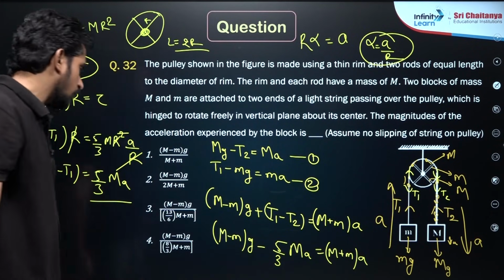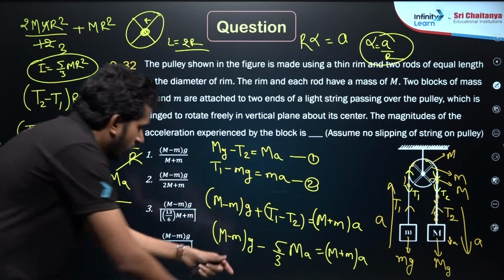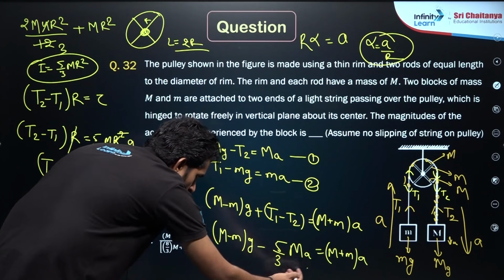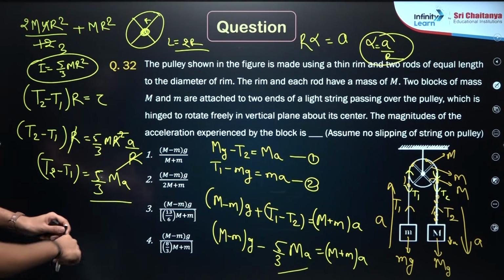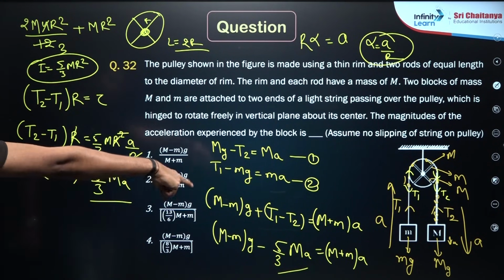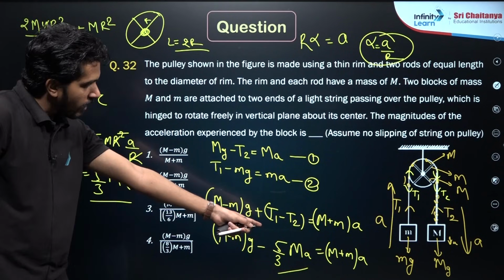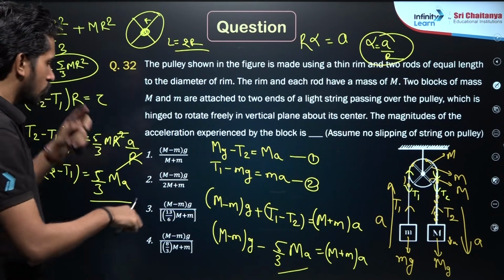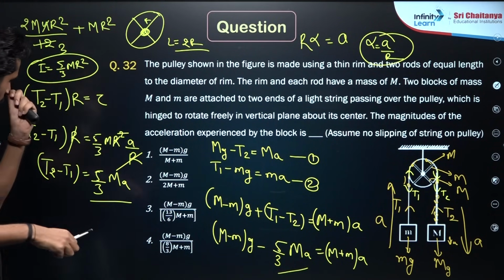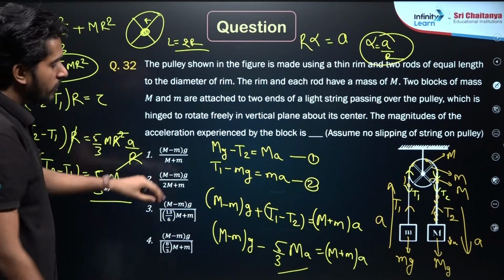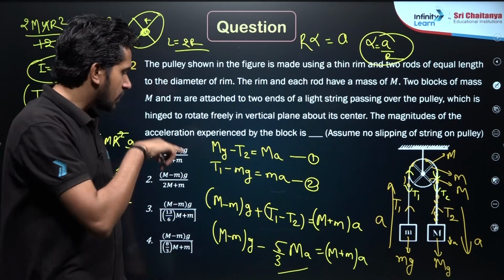Now the question is very simple. When this term goes to the right hand side, we have capital M A plus small m A plus 5 by 3 capital M A. So capital M A plus 5 by 3 capital M A would be what? 5 by 3 plus 1, 8 by 3.